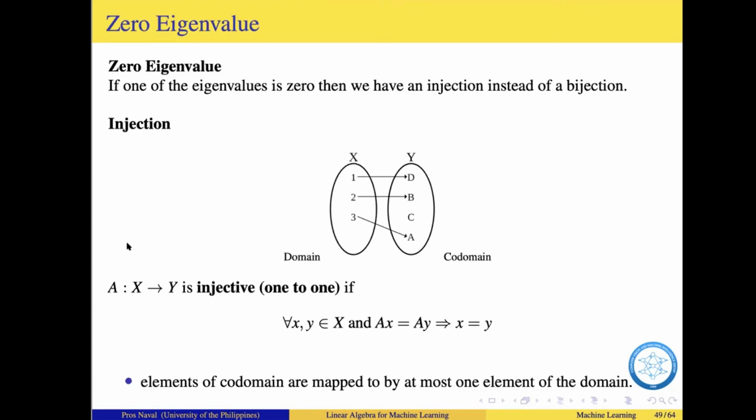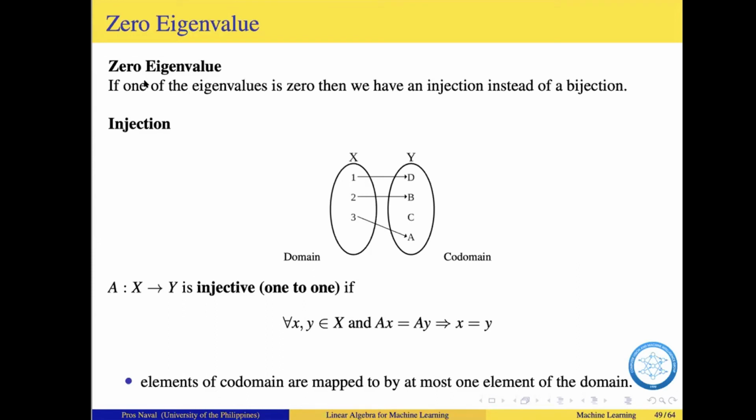The mapping x to y here is injective, or one-to-one, if for all x and y in X, Ax equals Ay implies that x equals y. That's what is meant by injective. And this means that the elements of the codomain are mapped to by at most one element of the domain. That is what is meant by injection.